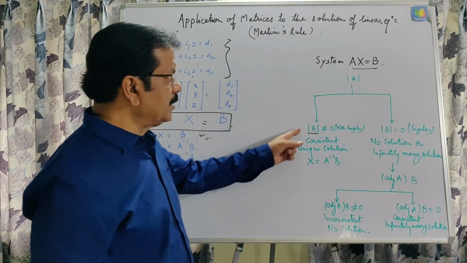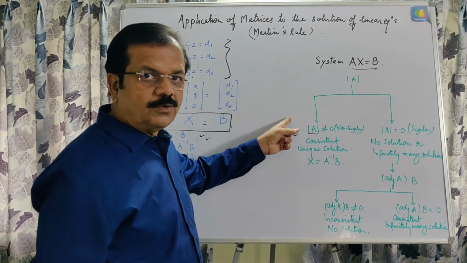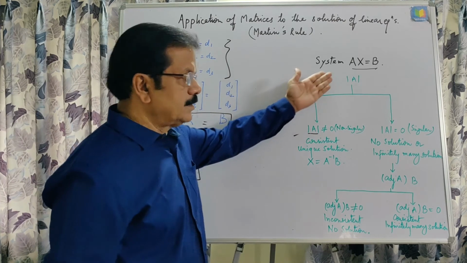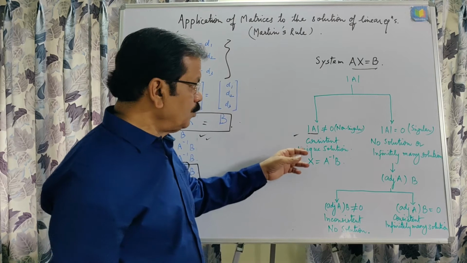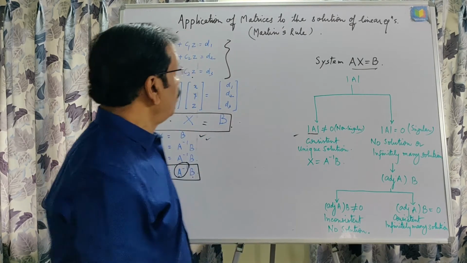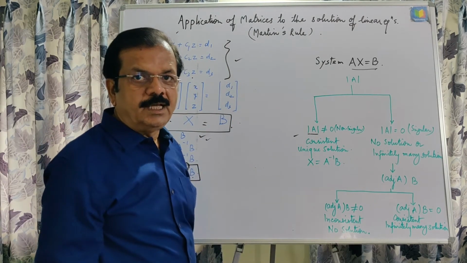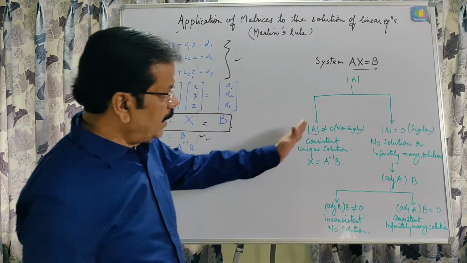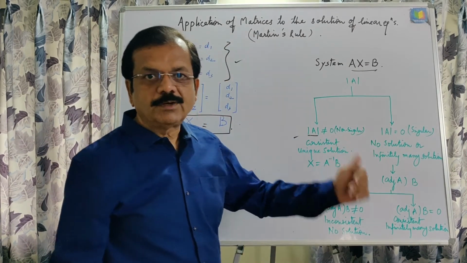If the determinant of A is not equal to 0, then no problem, the system is consistent, meaning it has one and only one solution. But the problem arises when this determinant is 0, that is, singular.